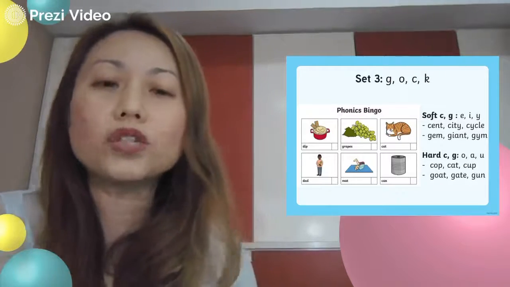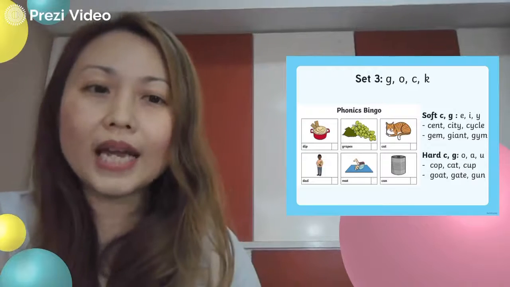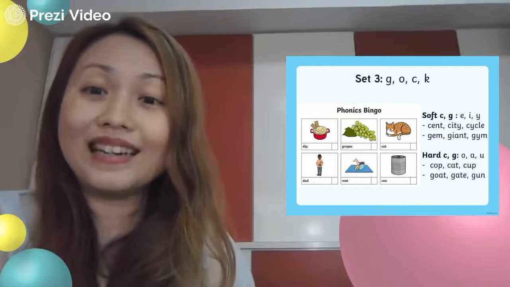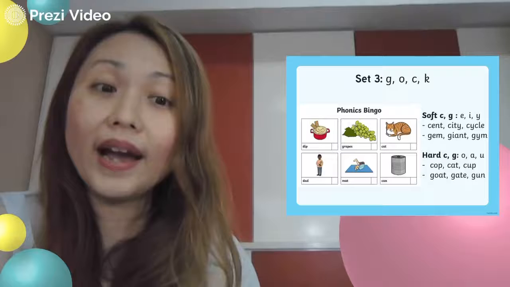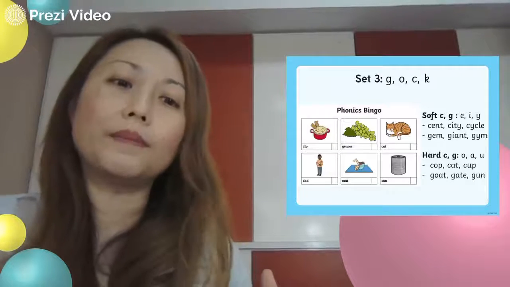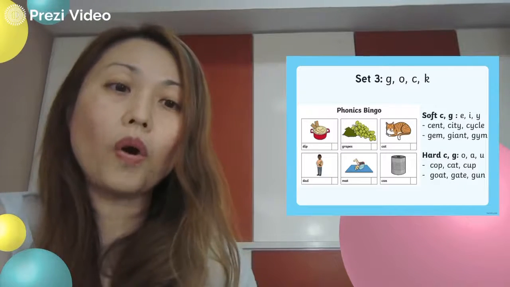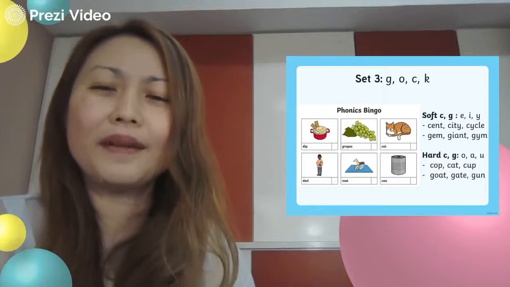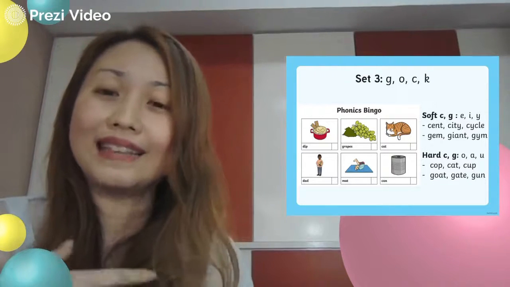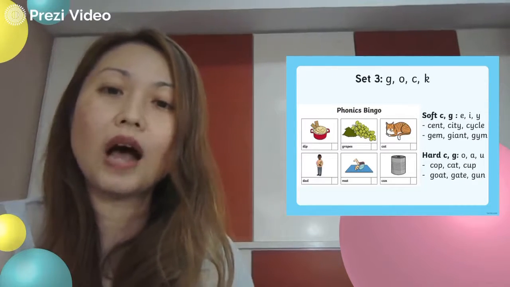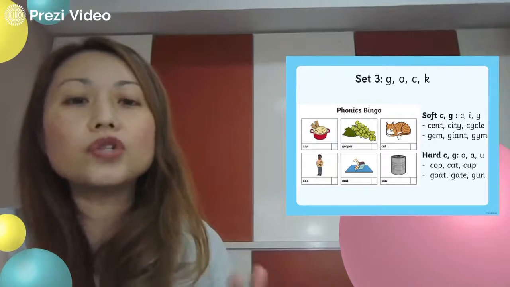A quick rule would be that soft G is usually followed by E, I, Y. With a hard sound, it would be followed by O, A, U. There are more rules, and at this stage, for your child, you should just introduce some of these rules.